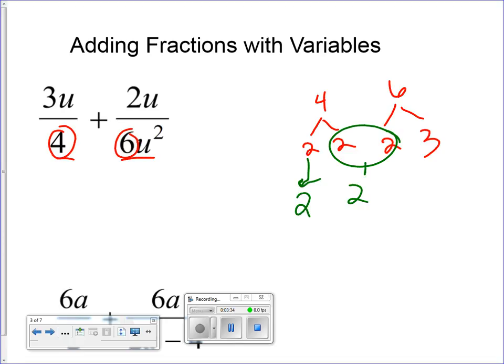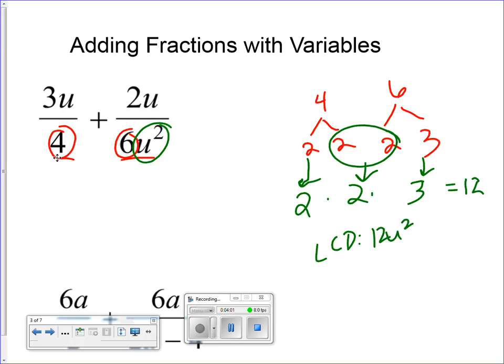You use all the factors, and the ones that are repeated, you only use once. If you multiply those together, you get the least common multiple. So 2 times 2 times 3 is 12. Both 4 and 6 divide 12. And then the least common multiple of u squared is just u squared. So our least common denominator is going to be 12u squared.